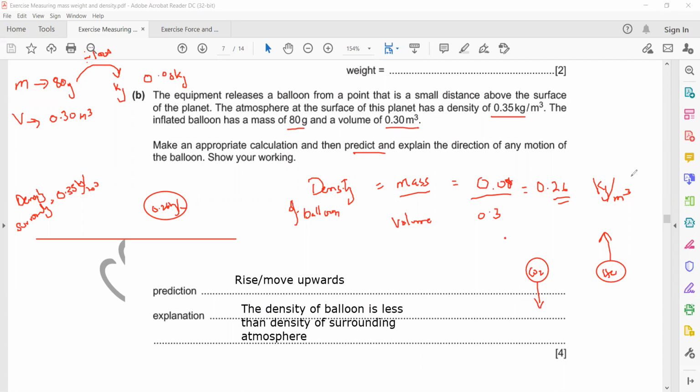That is because the carbon dioxide density is higher than the atmospheric density, so it will sink. But the density of the helium is less than the density of the surrounding air. That's why it will rise. Is it clear? The second part, part B, the calculation and explanation of part B.